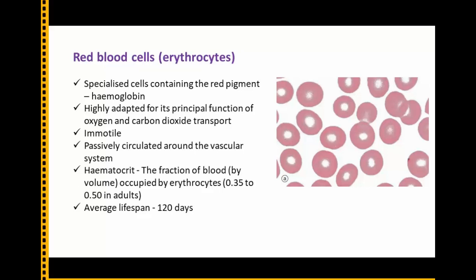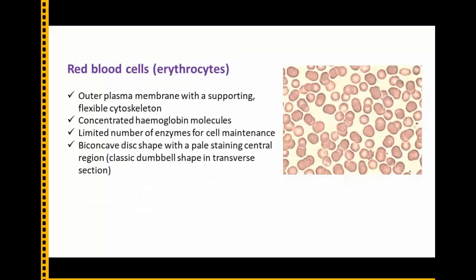It is a non-motile cell, so it passively circulates around the body, and the fraction of blood volume occupied by erythrocytes is called the hematocrit. In an average healthy adult, it is usually 0.35 to 0.5. It has an outer plasma membrane and a flexible cytoskeleton to support the plasma membrane.